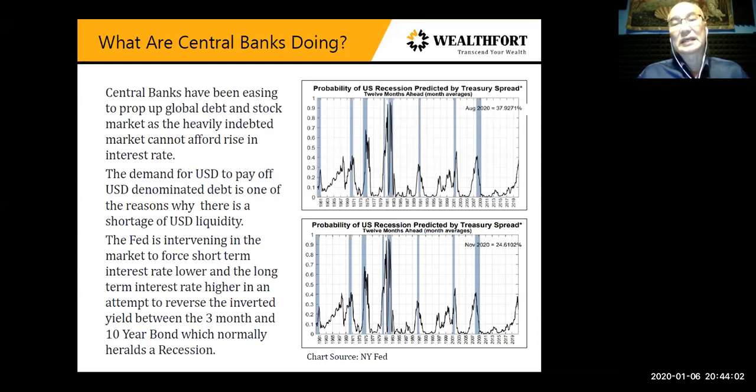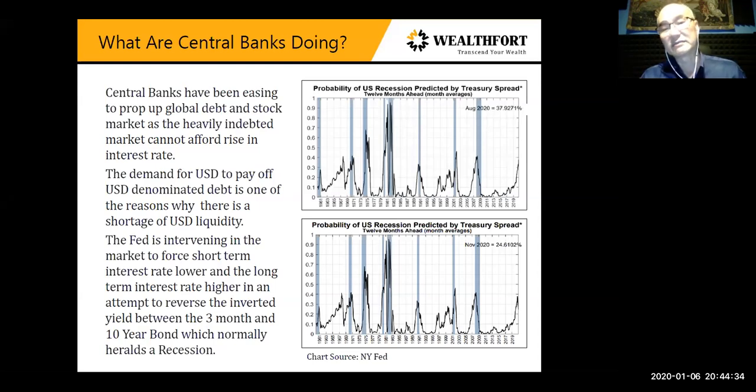So you can see that when the inverted yield happens, the risk of recession spikes up. So what the Fed did, they pumped a lot of liquidity back into the market. They started to ease, and then the risk was lowered because apparently everyone likes it when the Federal Reserve reduces interest rates, because lower interest rates mean that companies can borrow money for economic expansion.